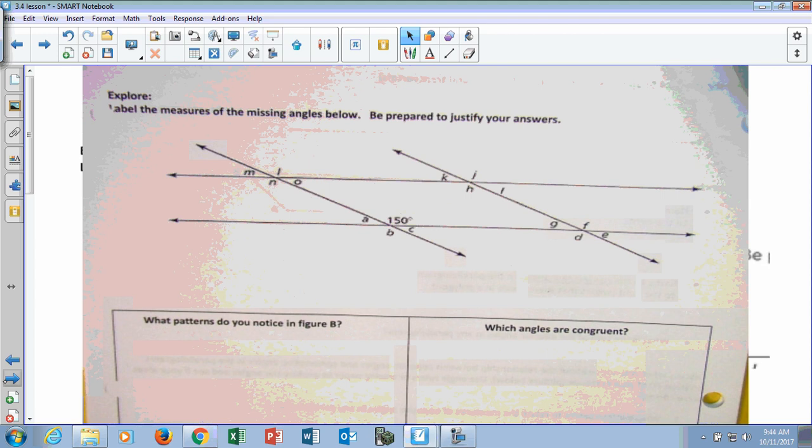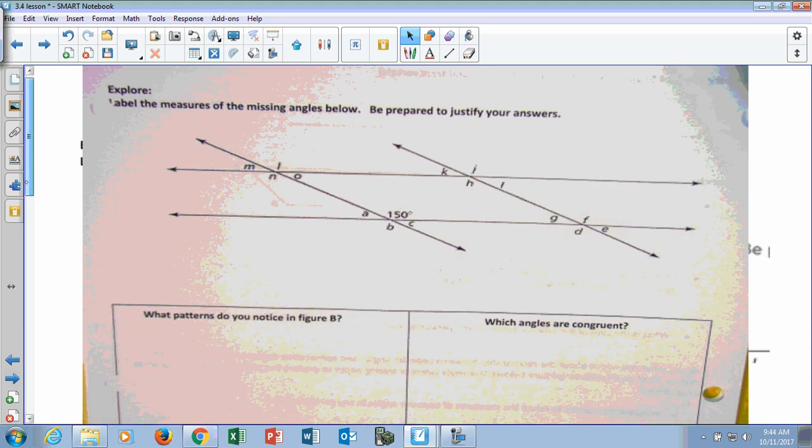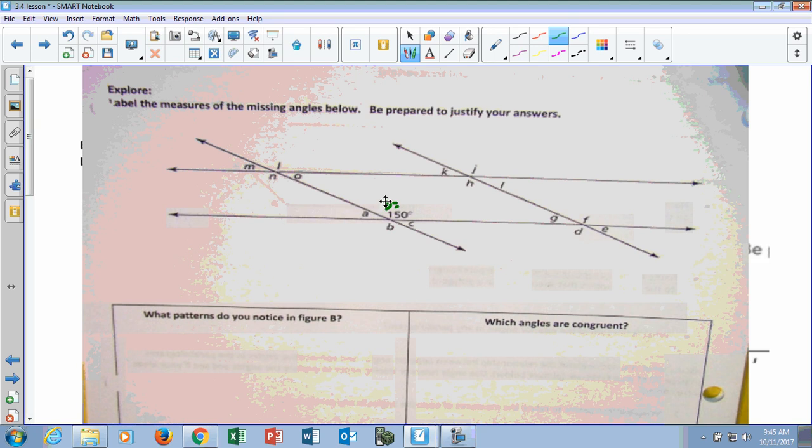Okay, so it says find the measure of the missing angles below. So this 150 they gave you is angle D. And it's hard to tell, but this little letter over here is an I. So what I want you to do is on this line right here, where it says A, B, C, D, and L, M, N, O, see if you can find the measure of those angles, but see if you see any patterns in here.